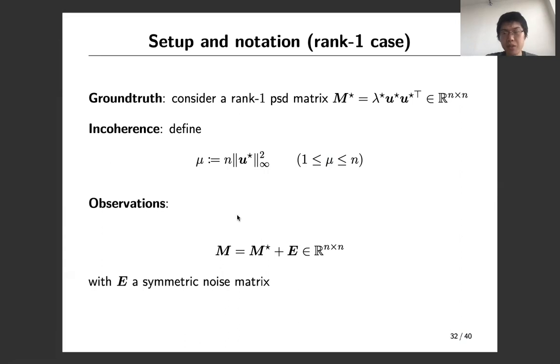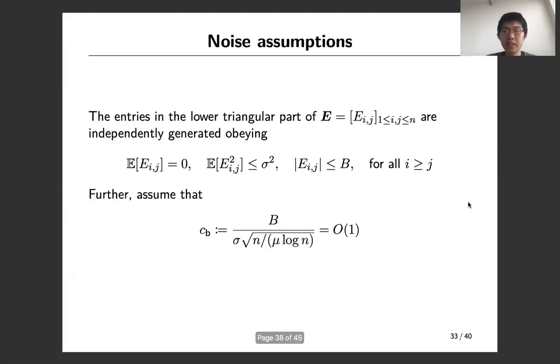And what we observe is a perturbed version of M star. That's given by M, which is a superposition of M star plus E. Okay. And here E is a symmetric noise matrix. Since we are dealing with statistical applications, one often has some statistical structure of this noise matrix. For this general theory, we will assume the following statistical structure of the noise matrix. We assume that the lower triangular part of this noise matrix obeys the following.